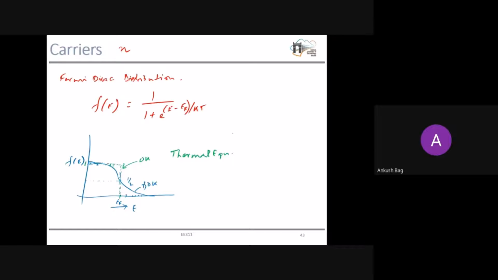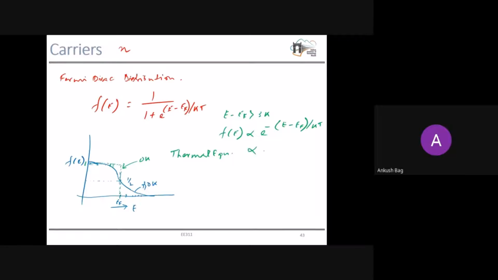Now, if we try to simplify this particular Fermi function, let's say when E minus EF is greater than 3 kT, when this exponent's numerator is above 3 kT, then we can approximate this Fermi function as e to the power minus (E minus EF) by kT.